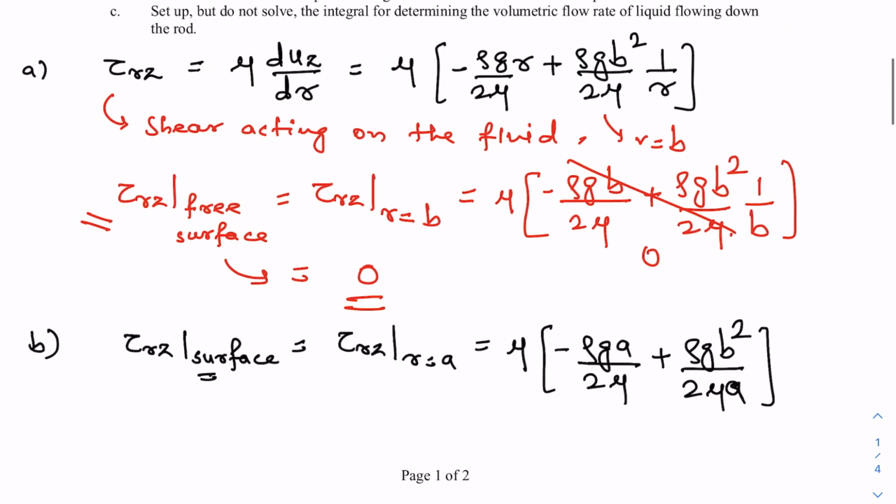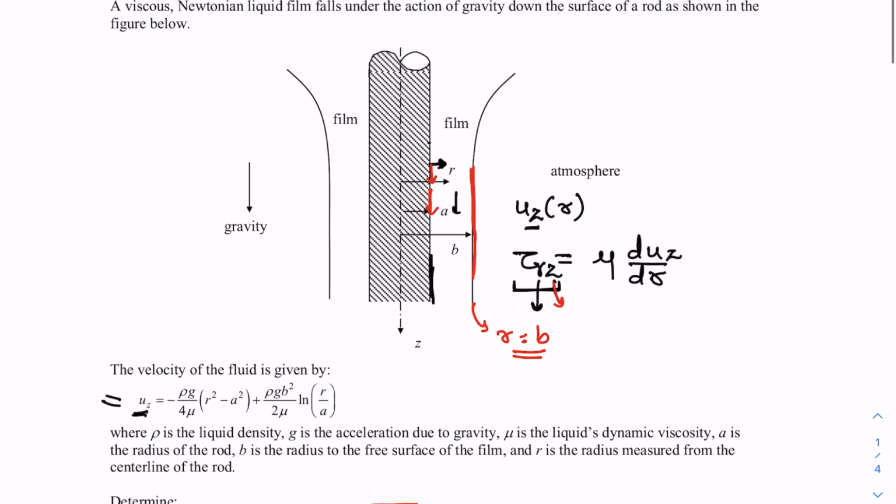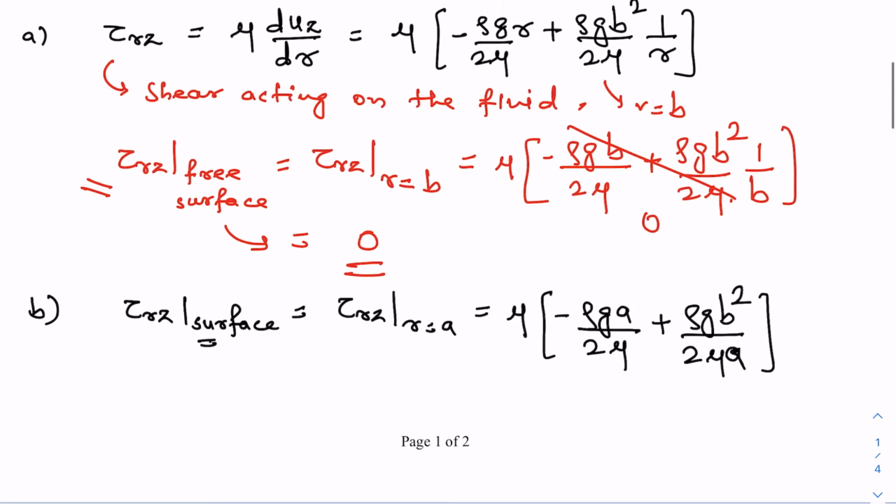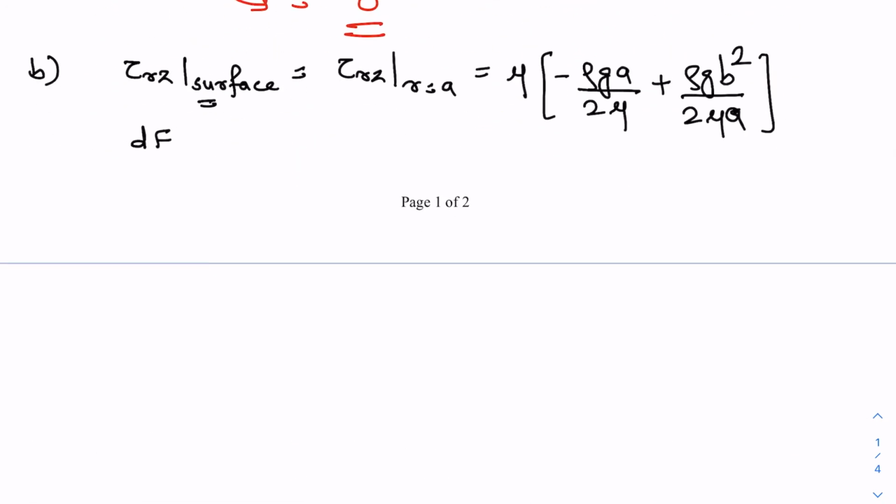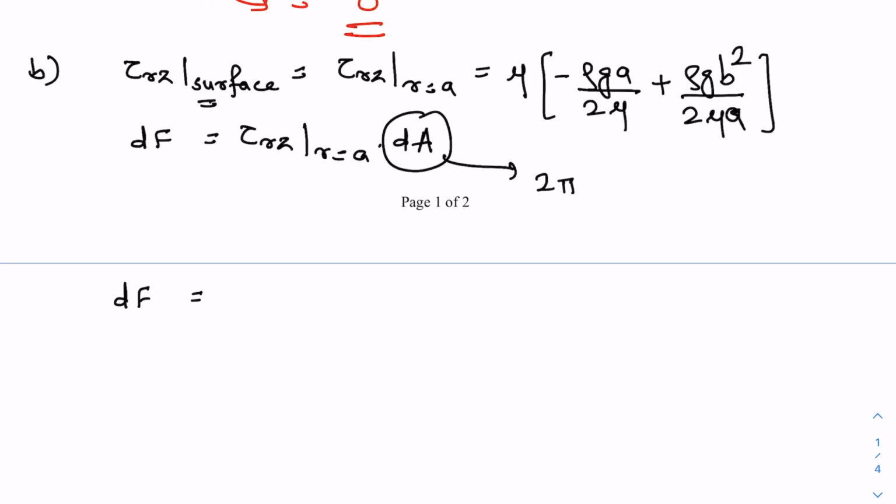Now let's consider a small circular area on this rod of thickness dz. The force dF acting on this small thickness will be tau rz at r equal to a multiplied by dA, and dA is nothing but 2 pi a dz.